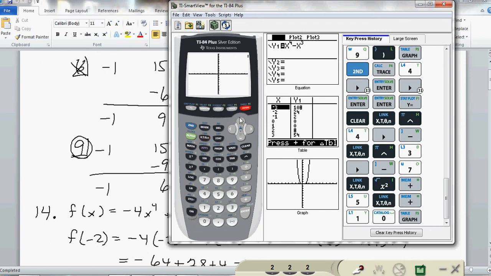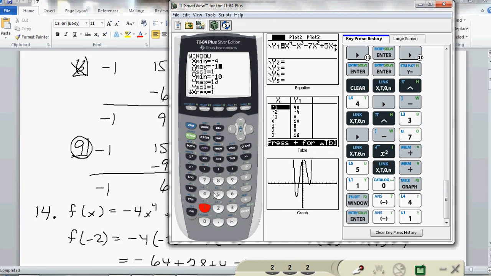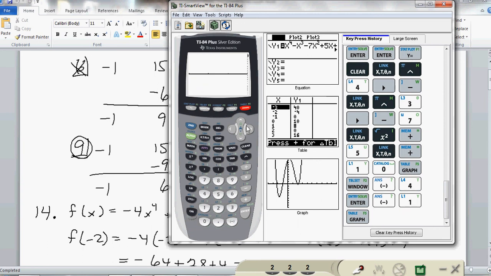I'm going to graph that. And the thing is, I've got several zeros here. I need to figure out which one I'm interested in. Well, I'm told between negative 3 and negative 2. So let's make this go from negative 4 to negative 1 and regraph it so that we get a little bit more detail here. There's the one I want, right there, between negative 3 and negative 2.